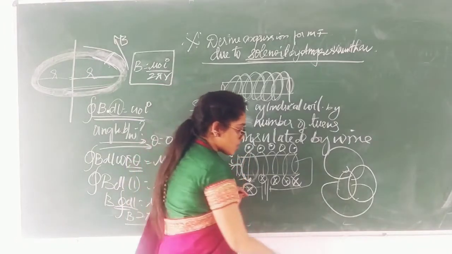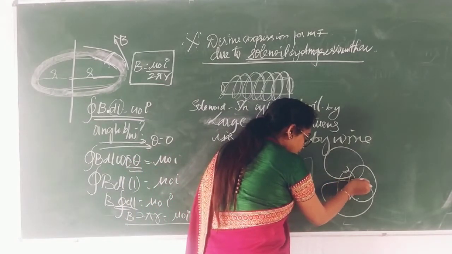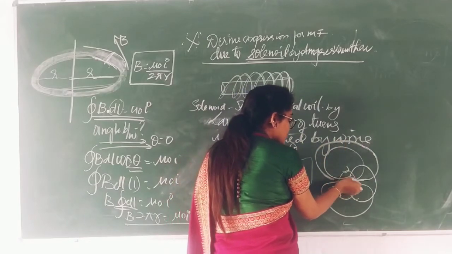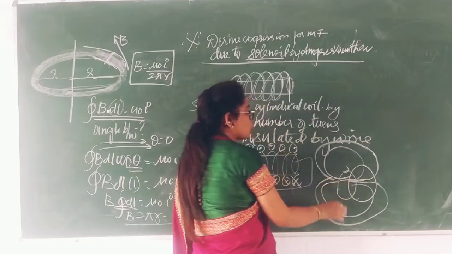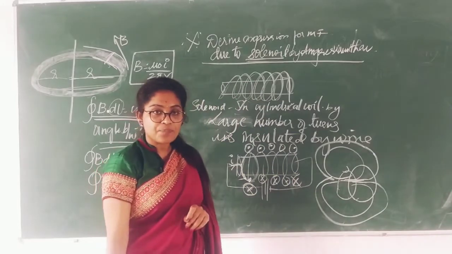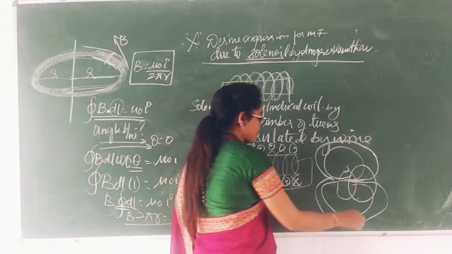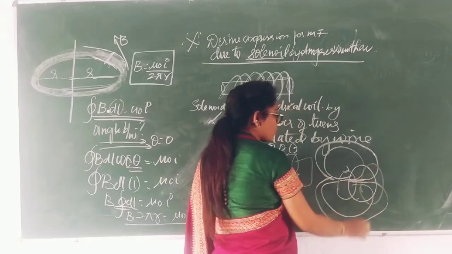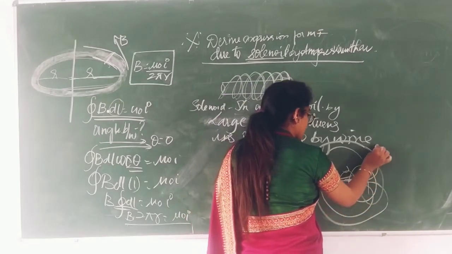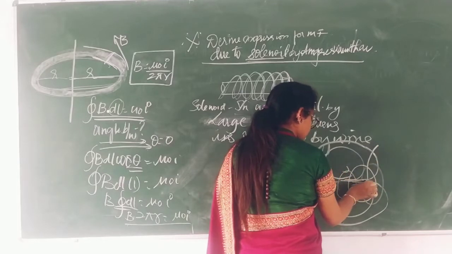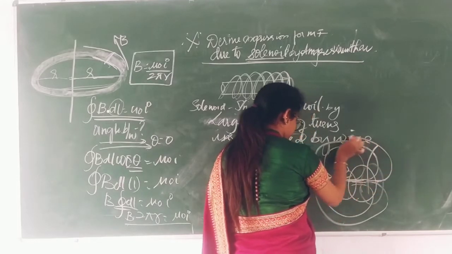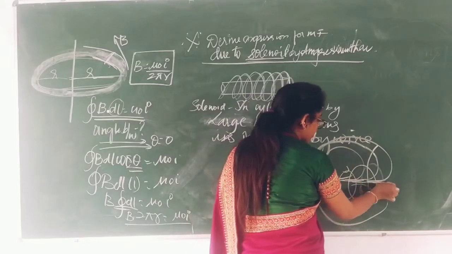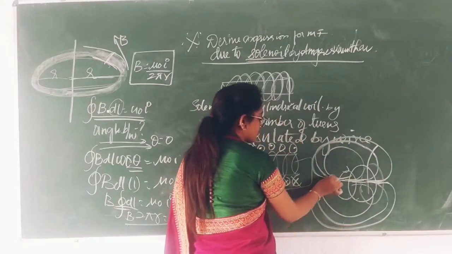Fine. If I consider another turn, what happens here? Please note here. Your magnetic field goes straight here, then it makes a loop. Is that clear? Again, when you consider another loop, your magnetic field goes straight here and makes a curved path.